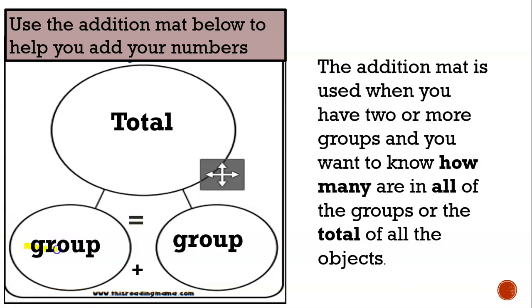You will always have your group plus your group equals your total. So remember, it's always first group plus the second group will equal the total.